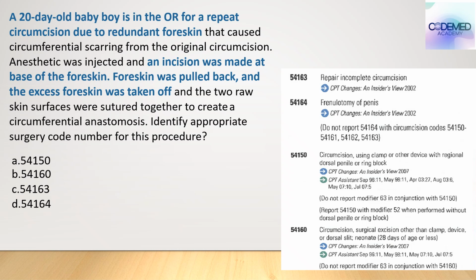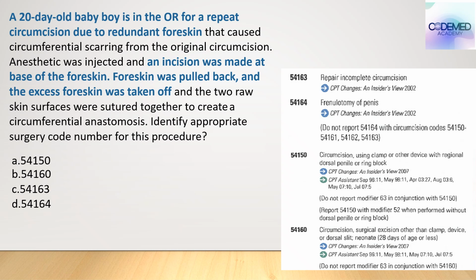Now let's take the next question. A 20-day-old baby boy is in the OR for the repeat circumcision due to redundant foreskin that caused circumferential scarring from the original circumcision. Anesthetic was injected and the incision was made at the base of the foreskin. Foreskin was pulled back and excess foreskin was taken off, and the two raw skin surfaces were sutured together to create a circumferential anastomosis.